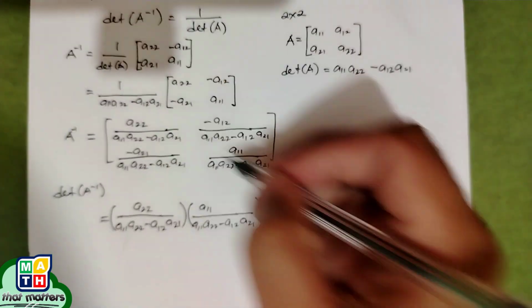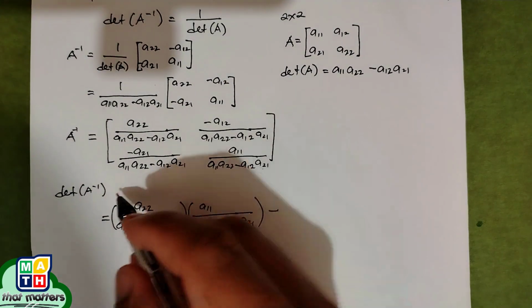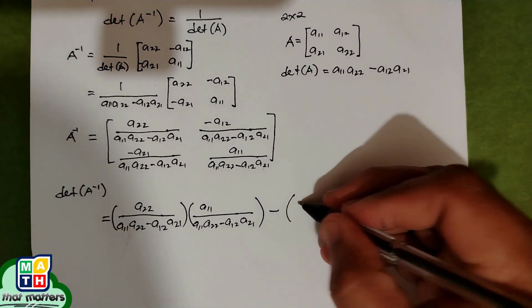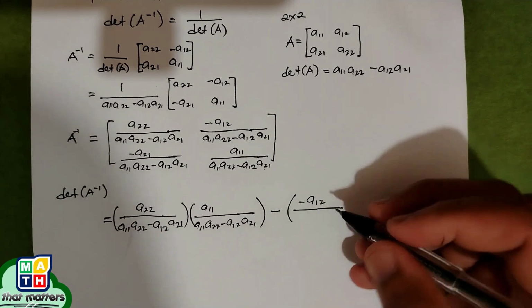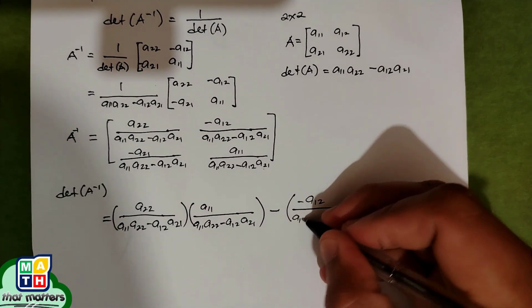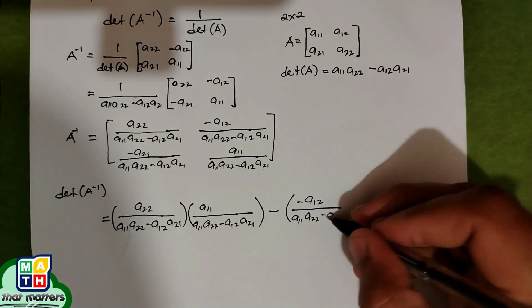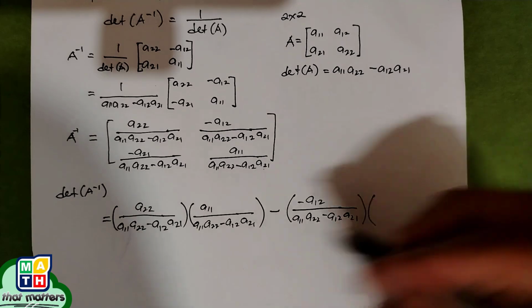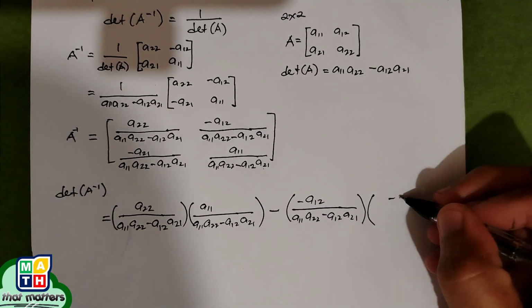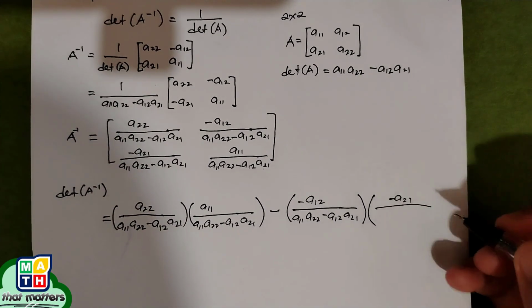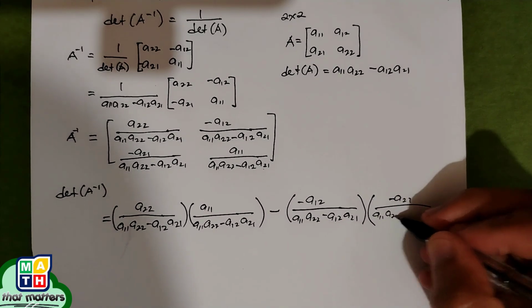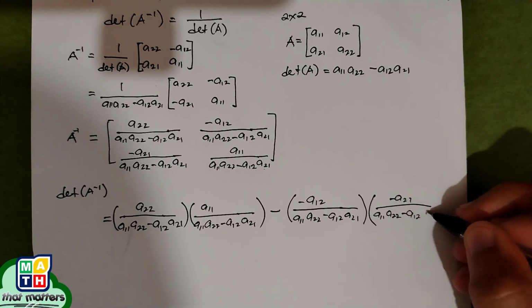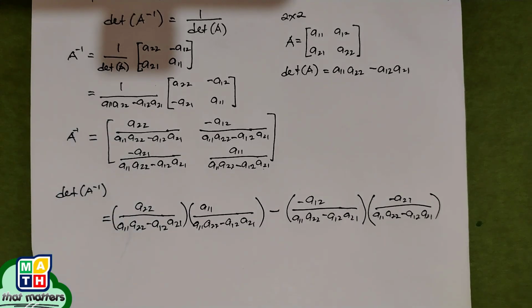That's for this diagonal. Less this diagonal here, you have negative A12 over the same denominator, A11 A22 minus A12 A21, times negative A21 over A11 A22 minus A12 A21.